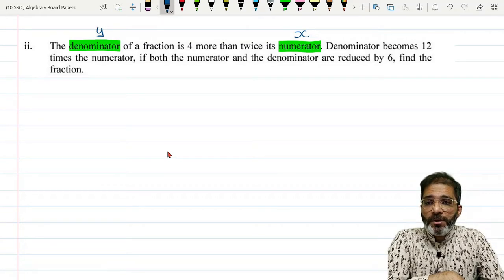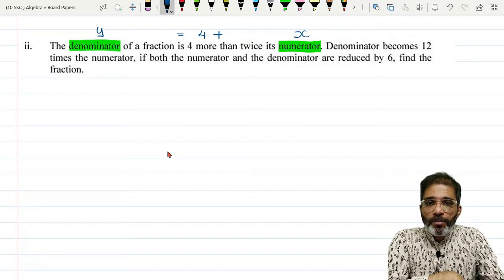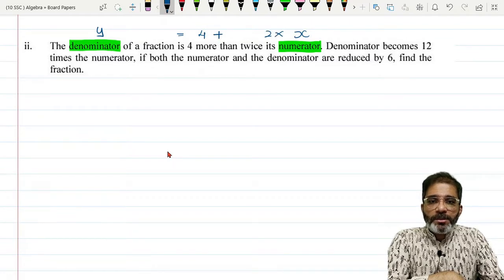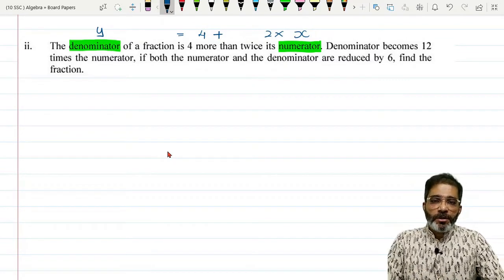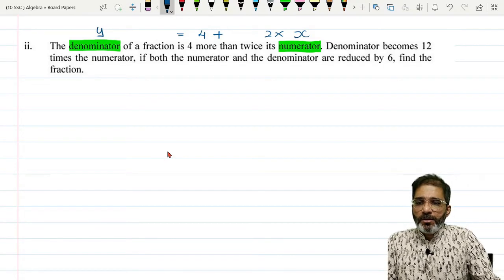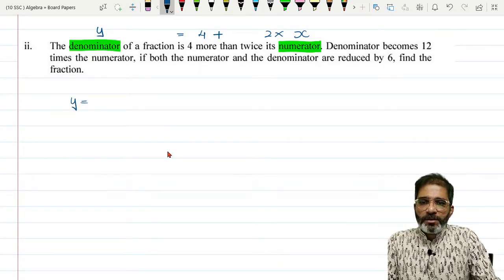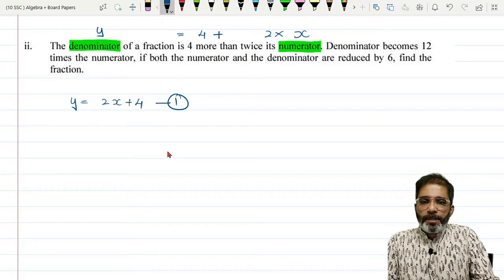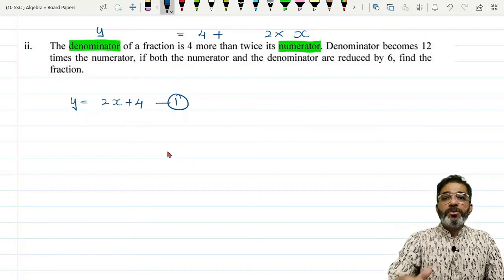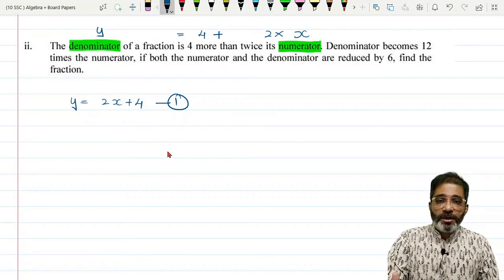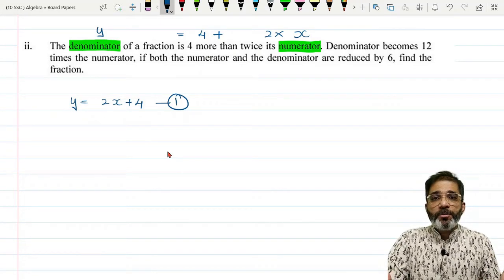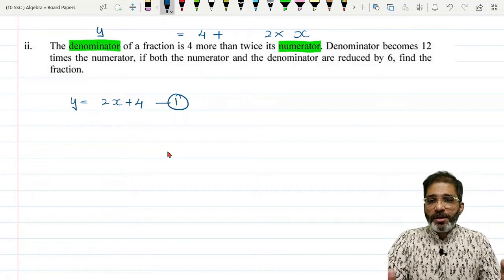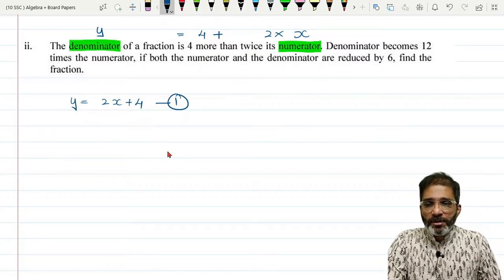They have given the denominator of a fraction is 4 more than twice its numerator. Okay, so the first equation we get is y equals 2x plus 4. Okay, but first you have to write down those two statements. Let the numerator of the fraction be x and let the denominator of the fraction be y. Okay, and then we get this particular equation.